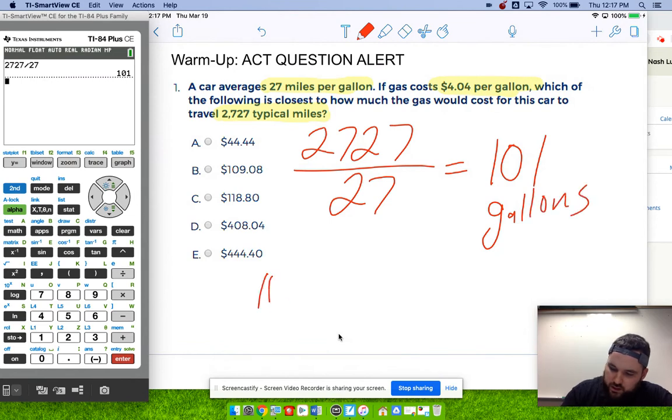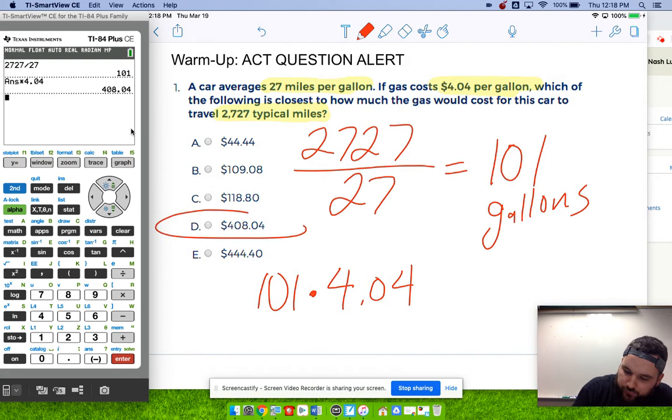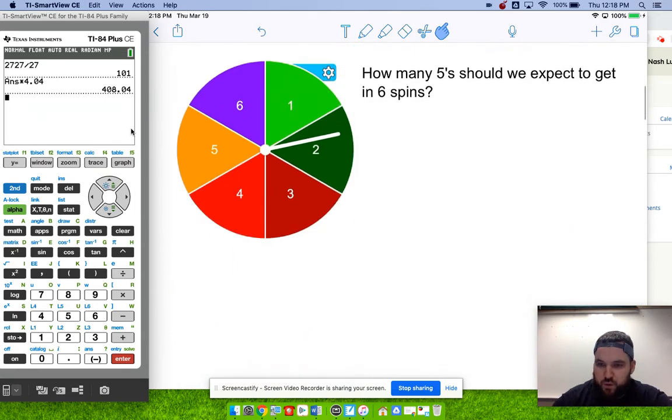Then I take that times 4.04, and you get $408.04. So D is the correct answer there. Nothing to do with probability, just some multiple choice practice.